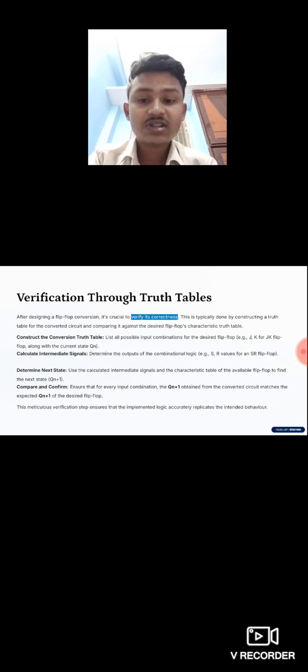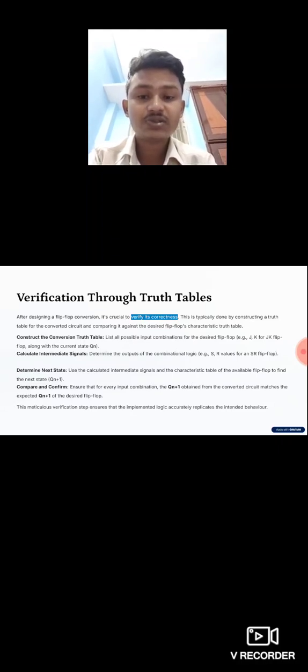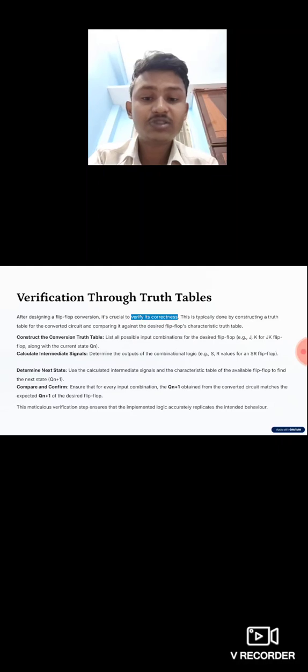First, construct the conversion truth table and list all possible input combinations of the desired flip-flop. Now, calculate the intermediate signals and determine the outputs of the conversion logic, for example the S and R values of the SR flip-flop.